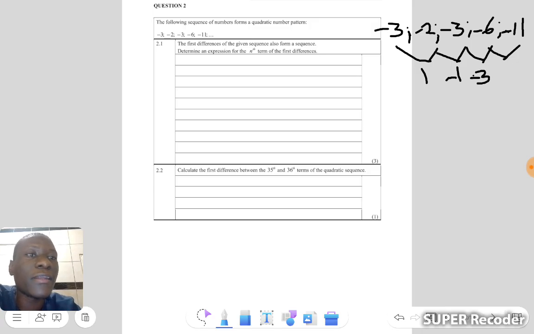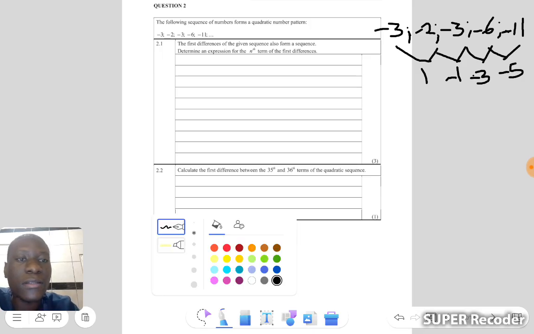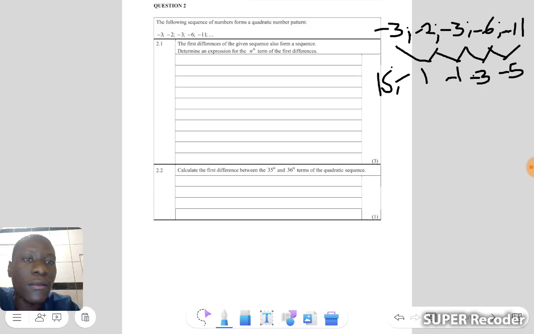Then -11 minus -6 gives us -5. So this is our first difference: 1, -1, -3, and -5.